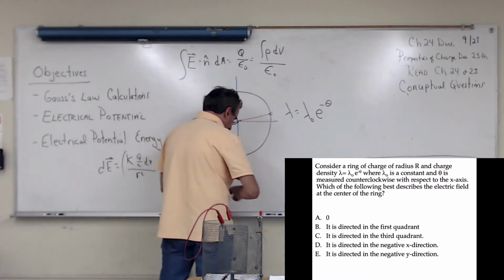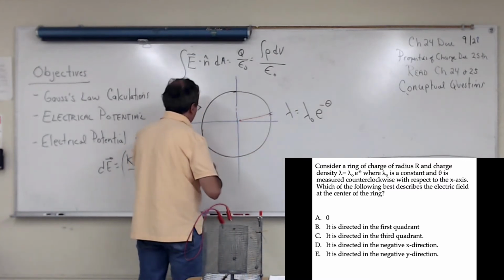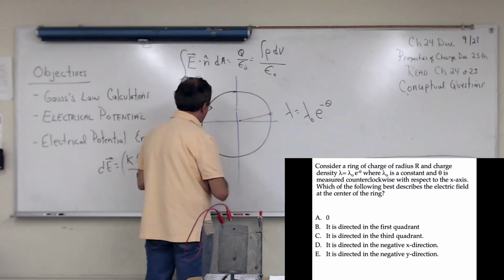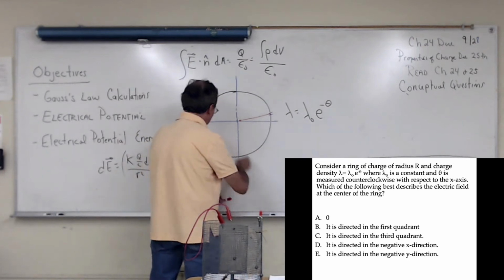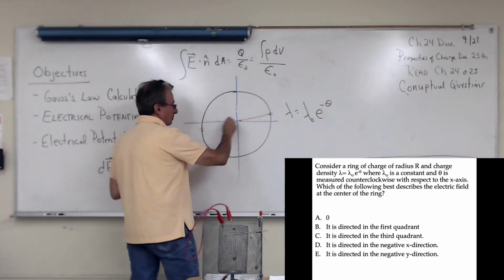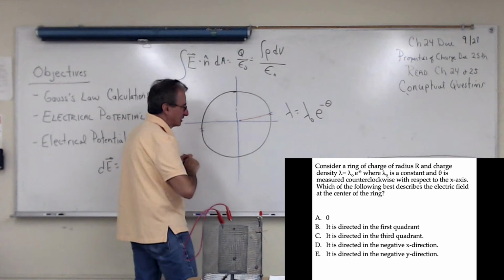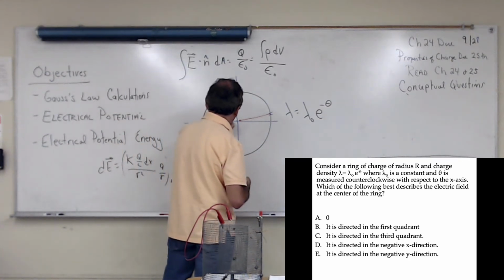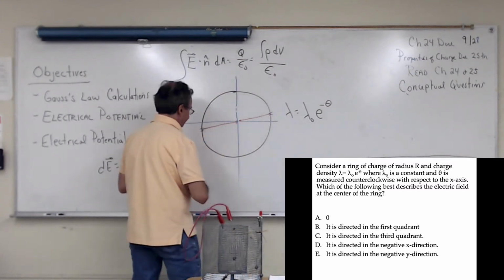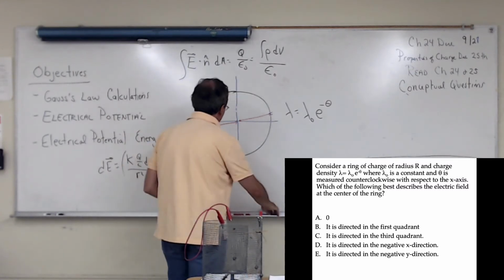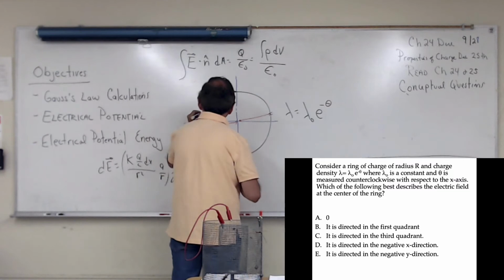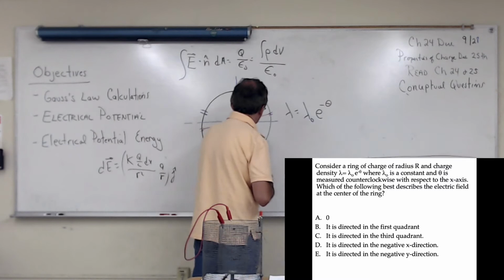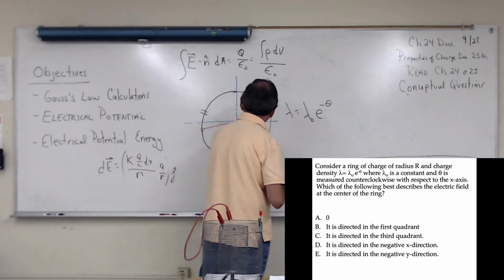So let me go on the opposite side, about the same angle, and draw another ds. This length is supposed to be the same as this length. It's a ds. And of course, the field is going to point towards the center. And I can do this here, and on the opposite side here, for example.